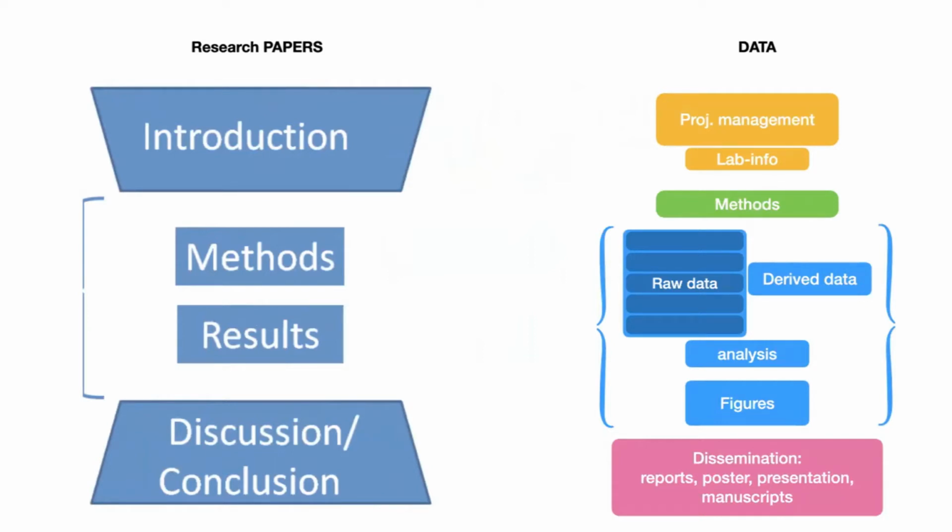Then you have the core, which is on one side the method, and then for the results you have the data, the analysis, and the figures. And corresponding to the discussion, you'll get a folder about dissemination material, so text reports, posters, presentations, and of course manuscripts.